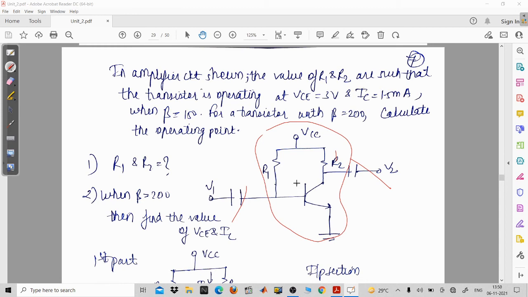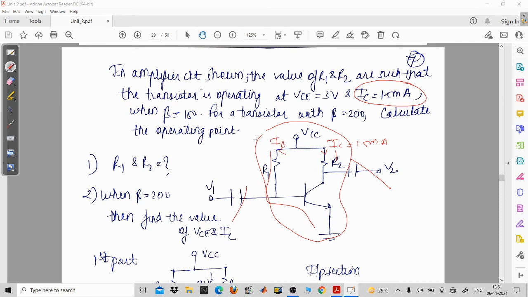So now you simply apply the KVL here and KVL here. In that case, you are going to find the value because you can see here IC will be equal to 1.5 milliampere. The IC value is given to you. Now the current which is flowing through R1 is the IB value.